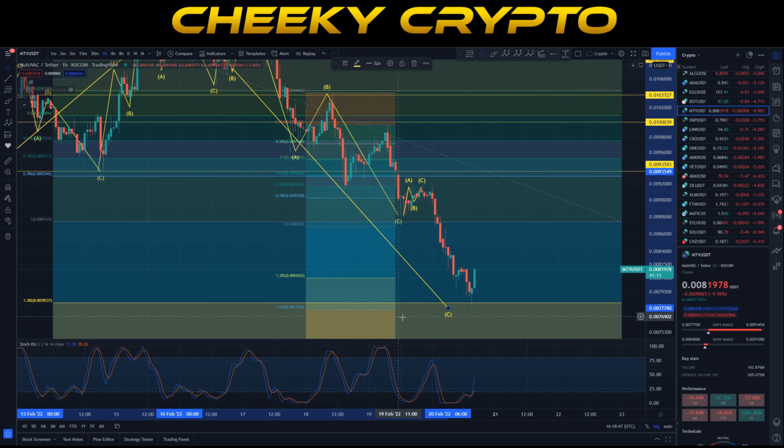This effectively is a third wave because we've gone past the 1.382, creating an impulsive move to the downside, and we have that 1.618 getting hit with this wick just here, that low being 0.007700.